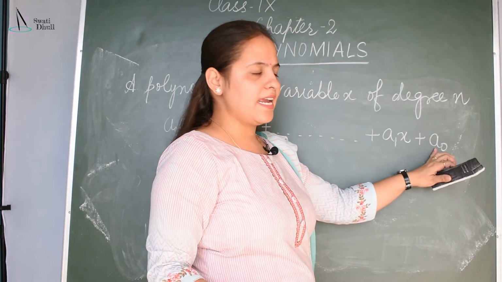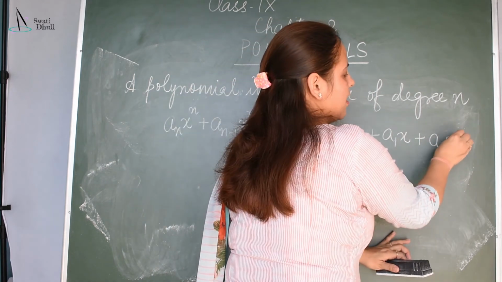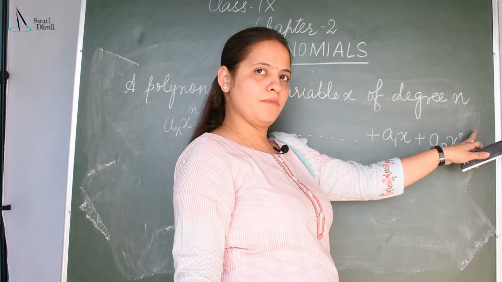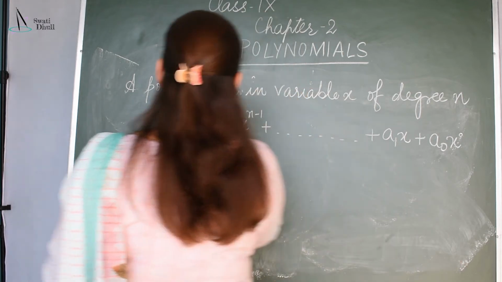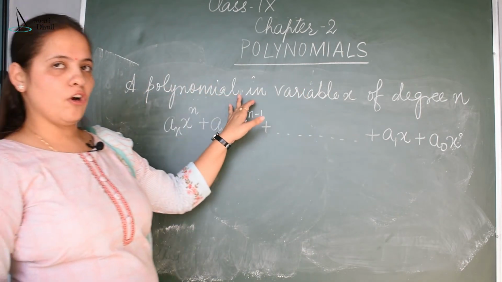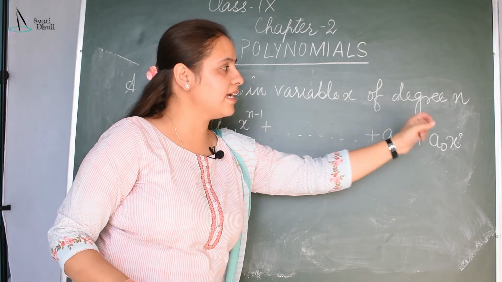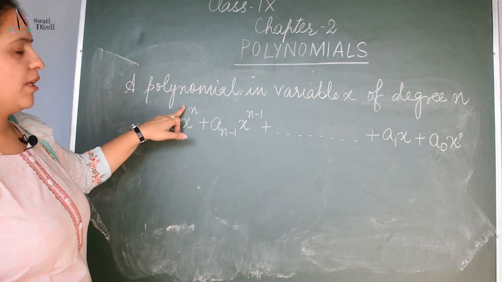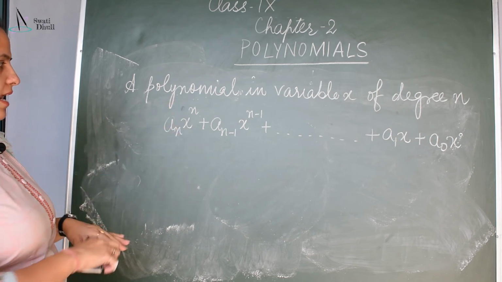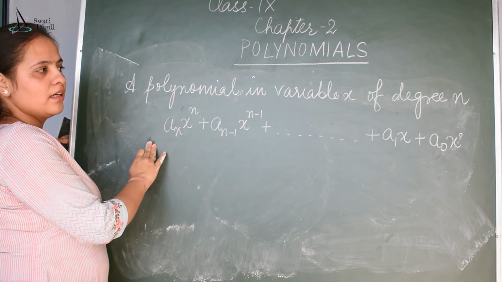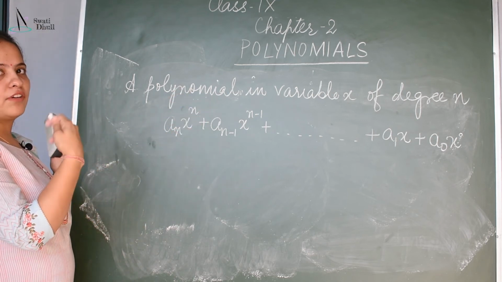Because if I write a0 into x to the power 0, you can write it, since x to the power 0 is 1. This is the form of a polynomial in variable x, because we have only one variable x, and the degree is n, because the highest degree here is n.